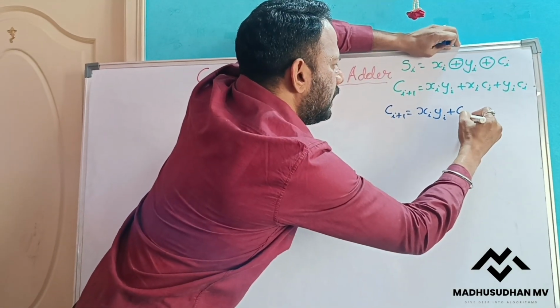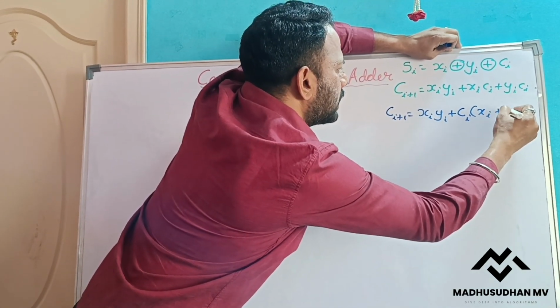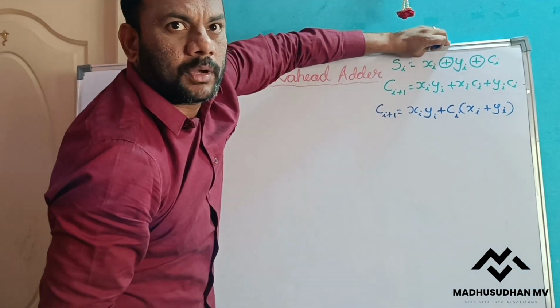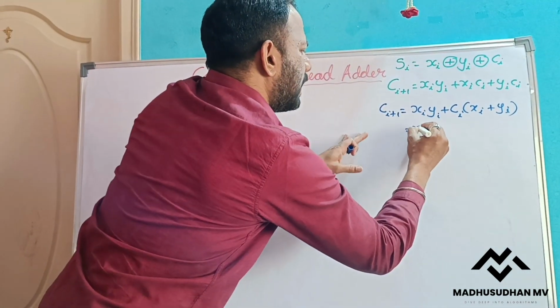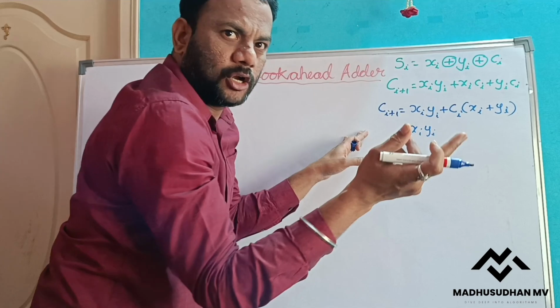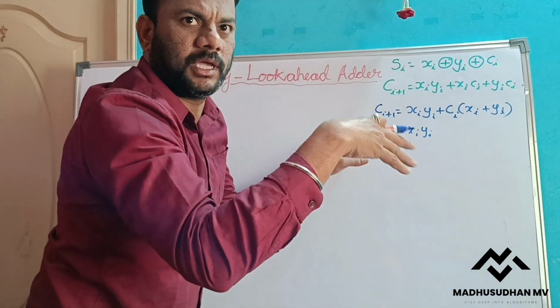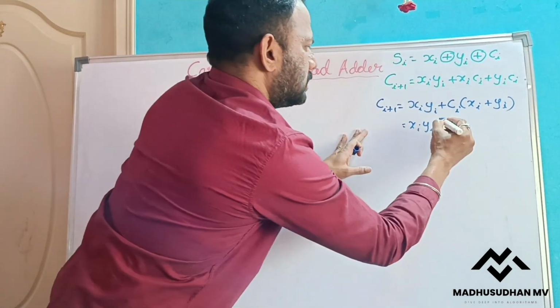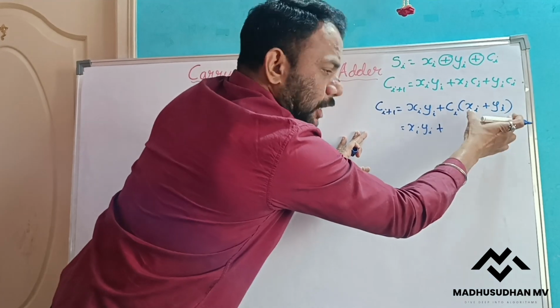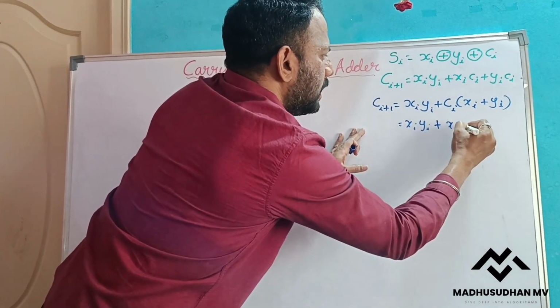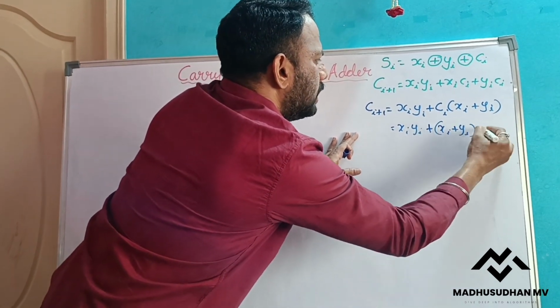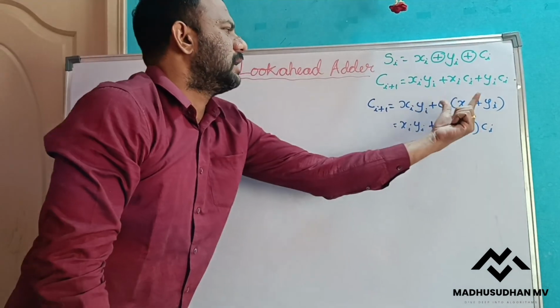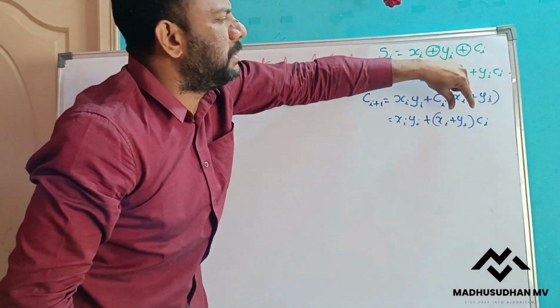If I take Ci common, I will get xi plus yi. Now I will rewrite the same thing, because a into b is the same as b into a. That means 5 into 4 and 4 into 5 are both the same. So instead of writing Ci into xi plus yi, I will write xi plus yi, then into Ci.